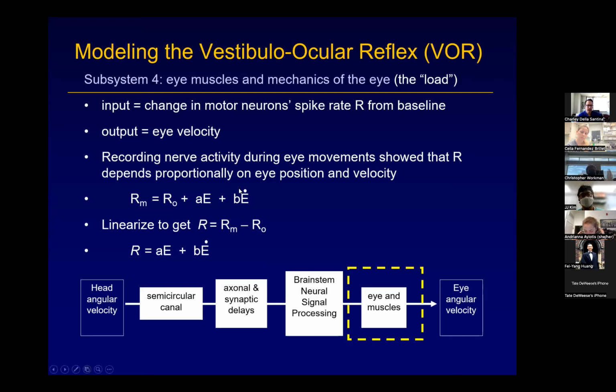And so I'm going to say that the firing rate also depends on the eye velocity with some scaling factor B here. I'm going to do that same trick we did before to linearize this system. And I'm going to define this change in firing rate as the momentary firing rate minus the baseline rate. And now this is a linear function.